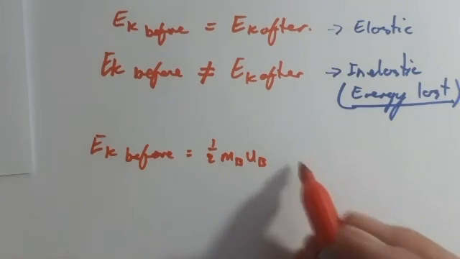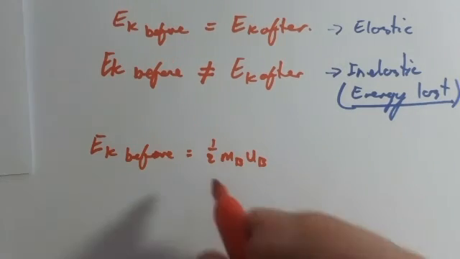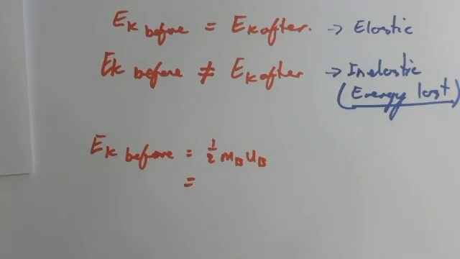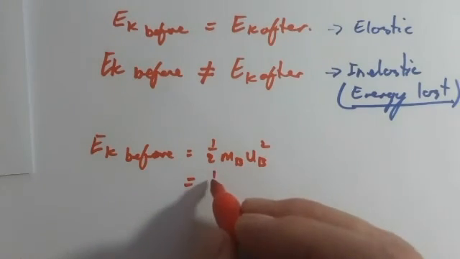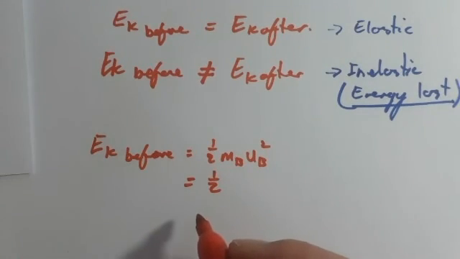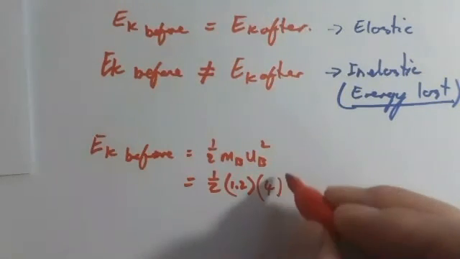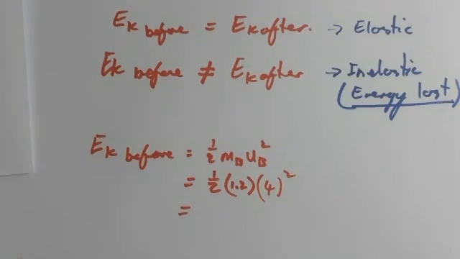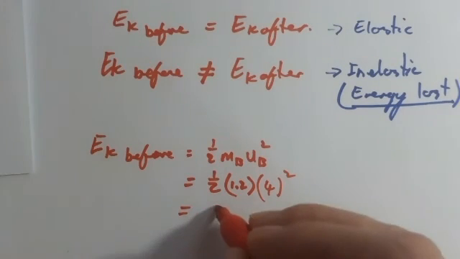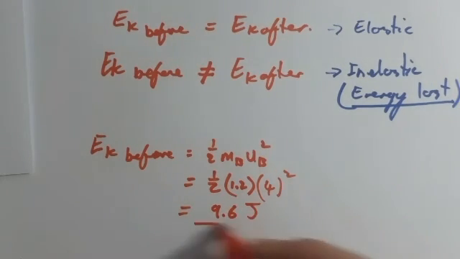Because S doesn't have any kinetic energy, it's stationary. So let's do the kinetic energy of B. Ooh, squared, almost forgot that one. So what is B? It's 1.2 kilogram, and it's got a velocity of 4 squared. So let's do 4 squared is 16 times 1.2 times 0.5 gives me 9.6 joules. So that's my kinetic energy before collision.